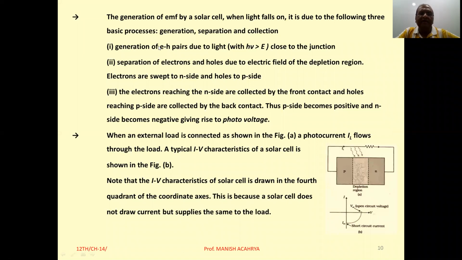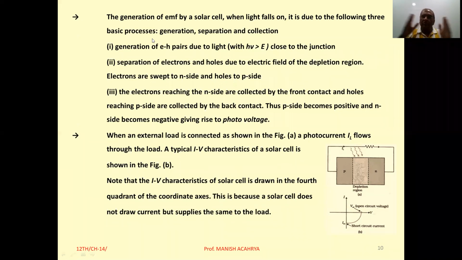Now, when light falls on it, the generation of EMF takes place by three processes. One is generation, second is called separation, and third is called collection. Generation means the generation of electron-hole pairs.